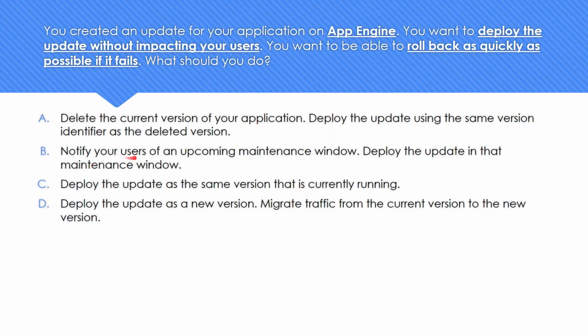Option B: notify the users of an upcoming maintenance window, and deploy the update in the maintenance window. What is the problem with option B, folks? Should work, right? I like Deepak Bandari's answer: it's the old way of doing it.